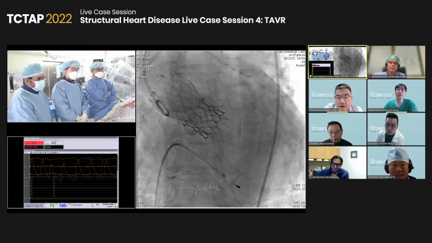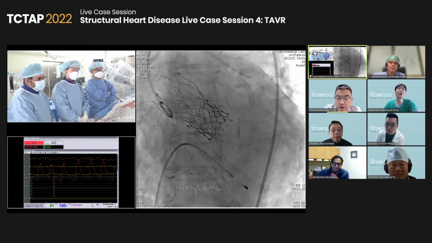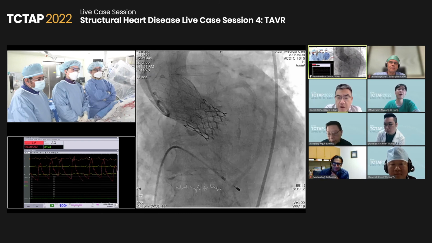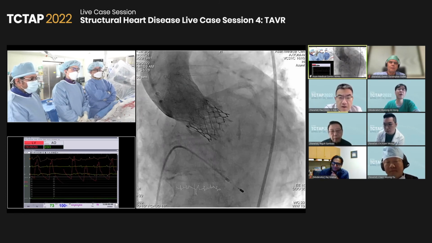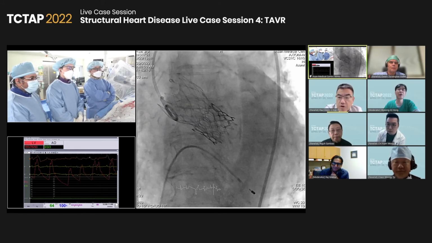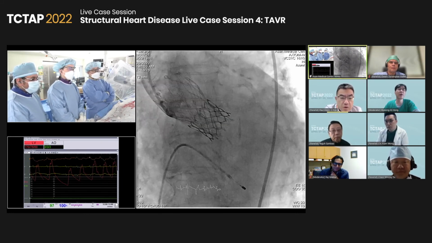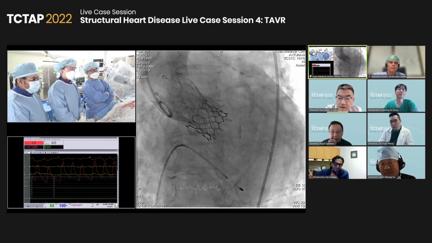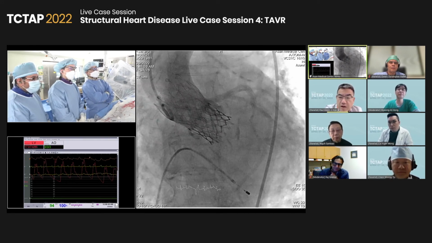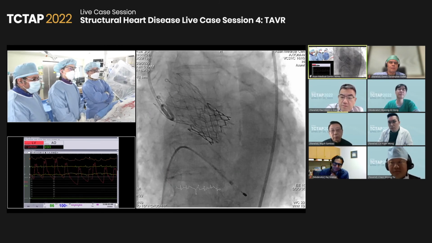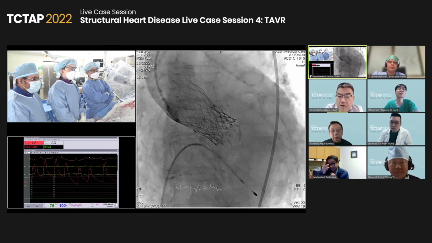Well, I concur with the comments on the antithrombotics. Still, I'm concerned about the pressure gradient, because DW, at the end of the procedure, you did show us simultaneous recording, but from my side, I still appreciate some difference between the left ventricle and the aorta. So I think in this particular patient, maybe we should really consider a mismatch.